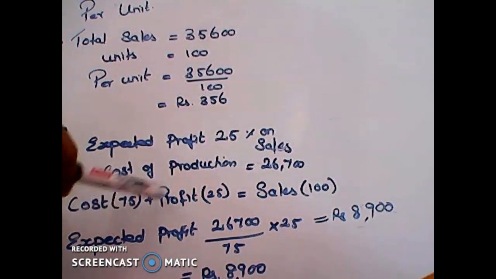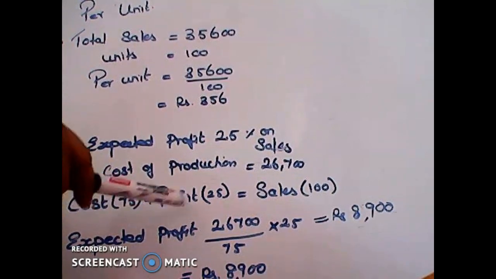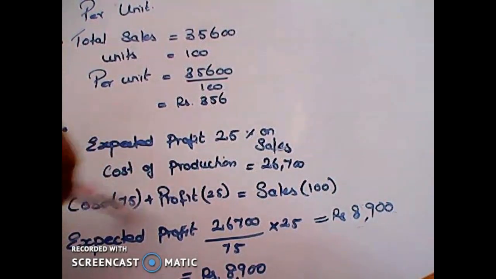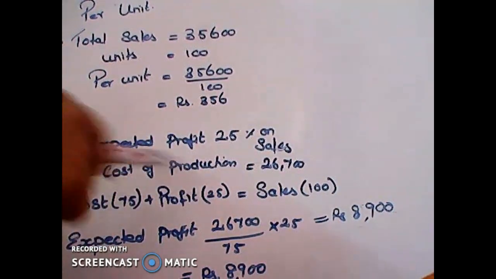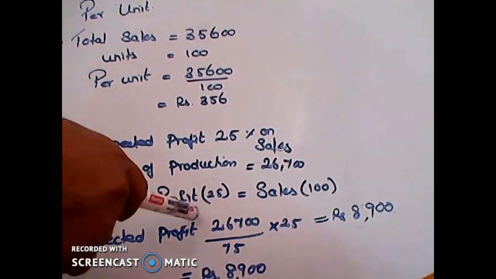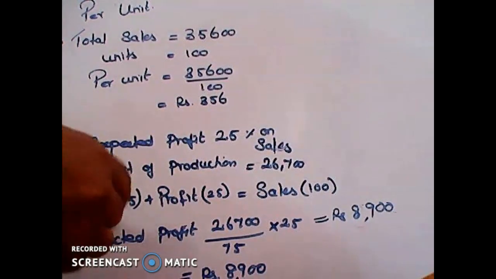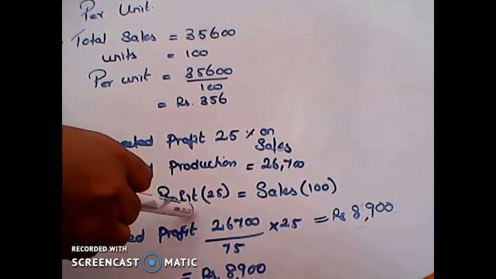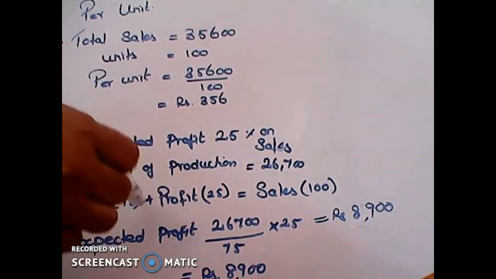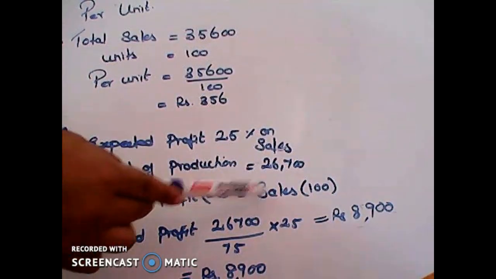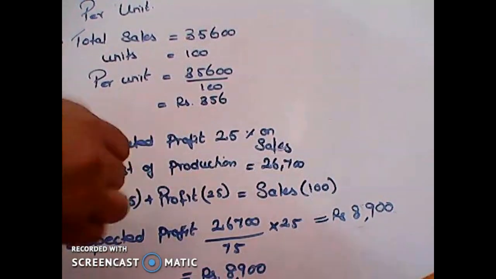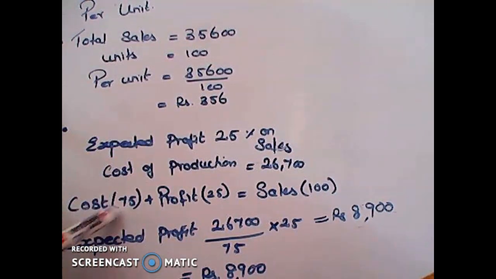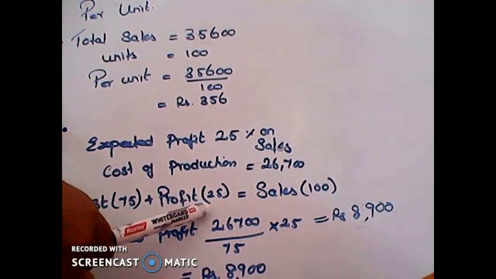The percentage may not be the same for all problems; there may be 80 and 20, or 70 and 30, or 50 and 50, where the cost is 50 and the profit is 50. Or the cost is 80% and the profit is 20%. Whatever the proportion, the total sales is 100, and for 100 the proportions may vary according to the problems. So here the cost is 75% and profit is 25%.